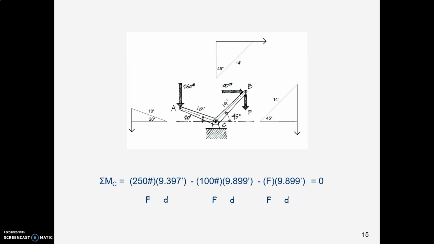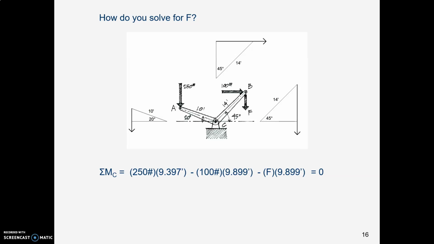So I've just written this string. Force times distance, force times distance, force times distance. Those all add up to 0. Now we're trying to find F. This is our original goal. And how do we get F by itself? Well, if we add the same thing to both sides they'll still be equal.